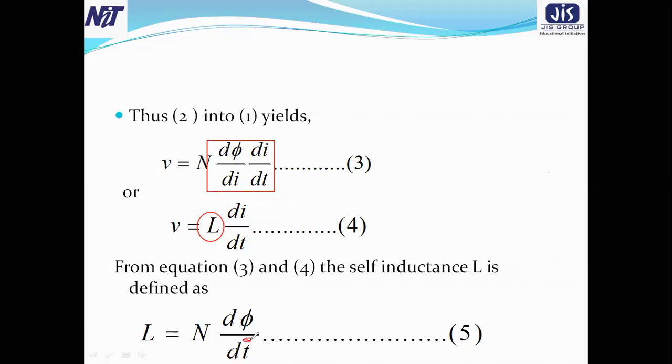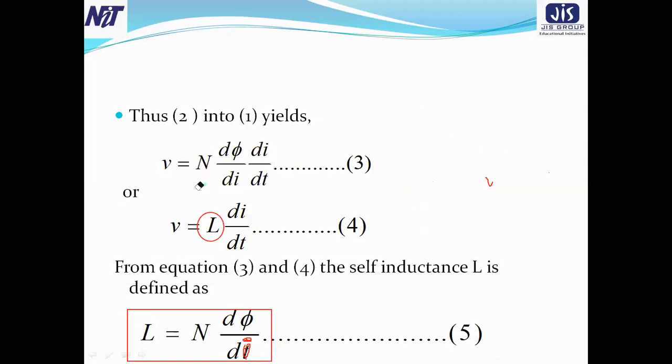This will be dφ/di, because if we compare equations 3 and 4, then L equals N into dφ/di. So for clarification, I just write it here. It's a mistake; this should be i. So L equals N dφ/di.